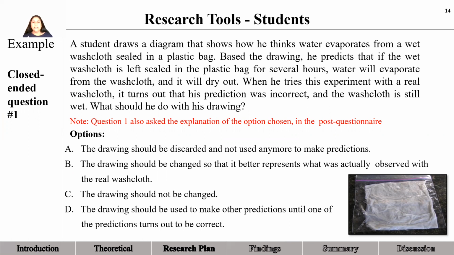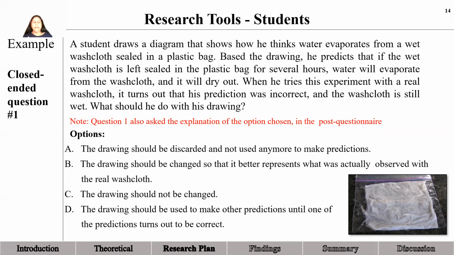When he tries this experiment with a real washcloth, it turns out that this prediction was incorrect and the washcloth is still wet. What should he do with his drawing? Note, question 1 also asks for an explanation of the option chosen in the post questionnaire.